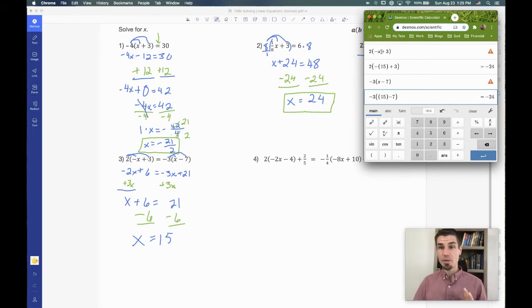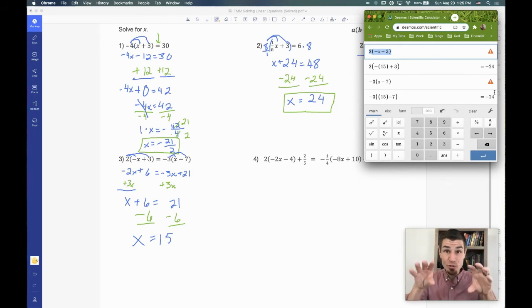Up here, I wrote this is the left side of our equation, and I substituted in a 15. We get negative 24 for that side. And then this was the right side of our equation, negative 3x minus 7. I substituted 15 in for x and checked it. Boom. Got negative 24. So we know we're right. These two numbers being the exact same tell us our equation is true. Therefore, we know x has to be 15.